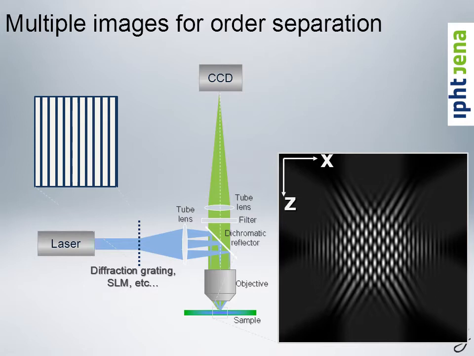So you see here a graph with x, which is this direction, and z, which is the optical axis direction here. And you see that this looks almost like a sinusoidal or distorted sinusoidal grating. However, it then defocuses and refocuses again with a phase shift, and then it defocuses and refocuses again with a phase shift, and so on.